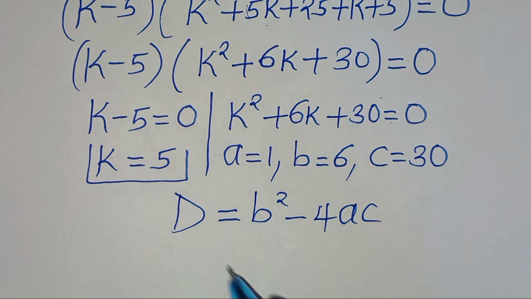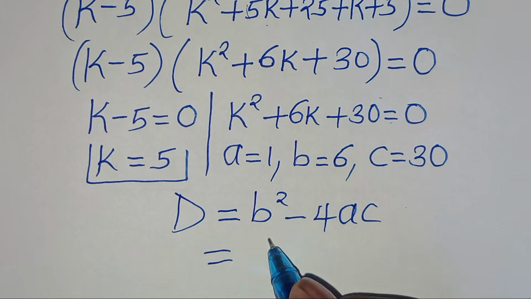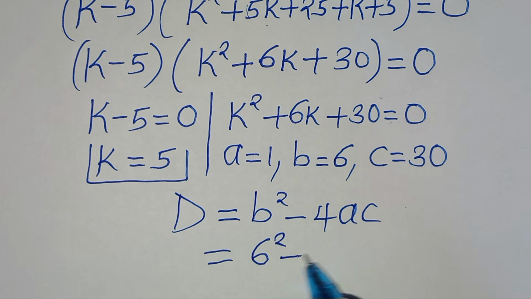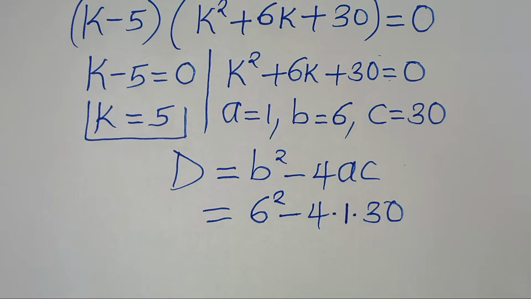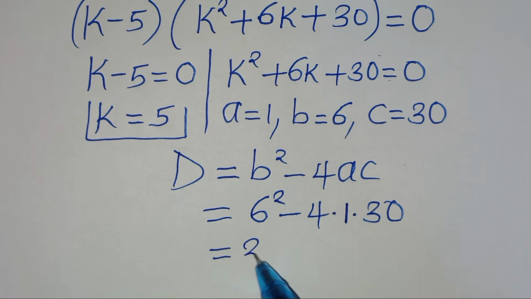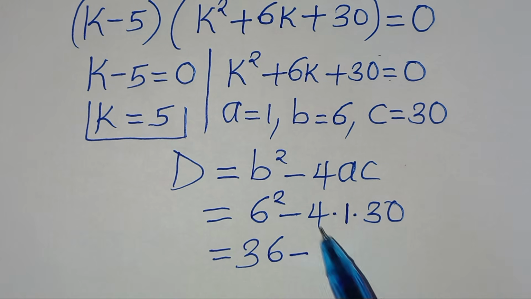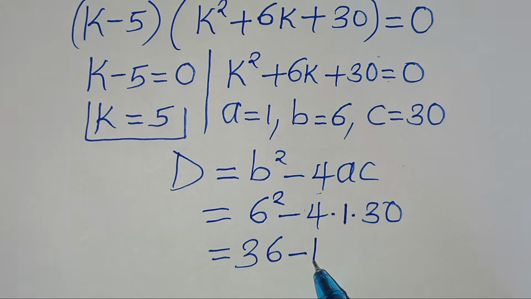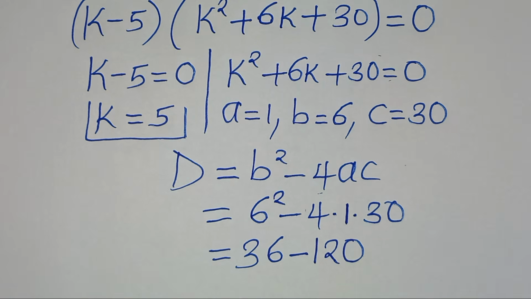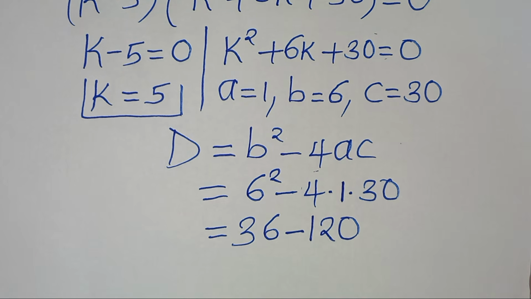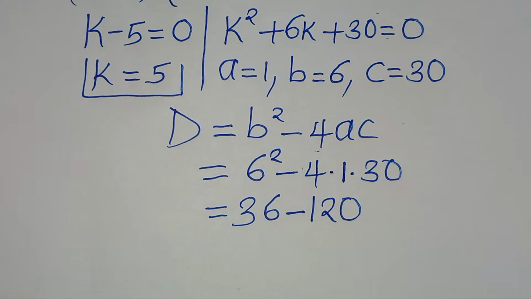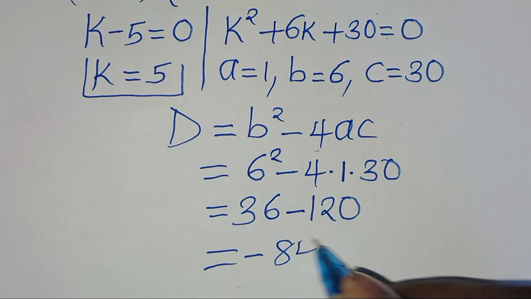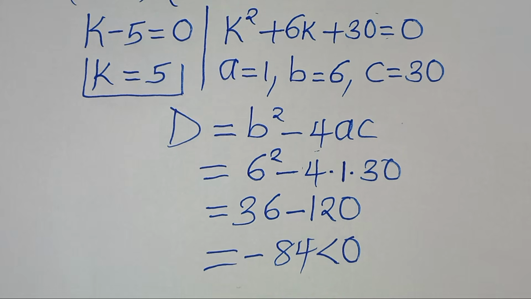Here b is equal to 6, so this is 6 squared minus 4 times a, which is 1, times c, which is 30. So this is 6 squared, which is 36, subtract 4 times 30, this is minus 120. So 36 minus 120 is negative 84, which is less than 0.